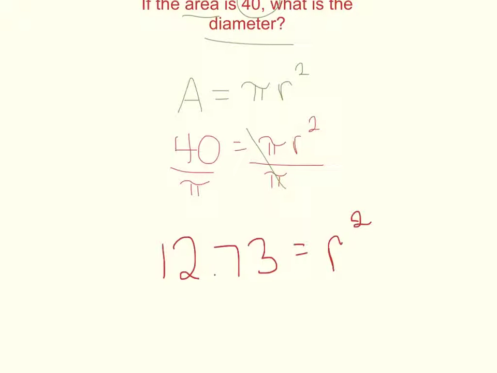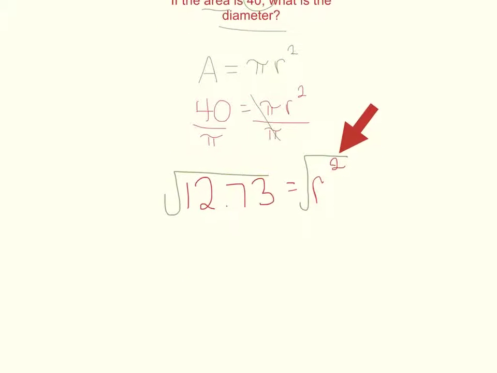Very important. To get rid of the squared, we need to do the square root to both sides. This is not division. This is the square root. The square root of r squared is just r.